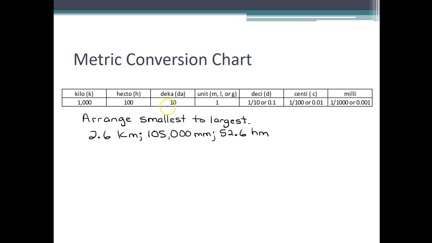Now please don't jump and say, oh, 2.6 is smaller than 52.6, which is smaller than 105,000. Because these are each in different units. One's a kilometer, which is really big. One's a millimeter, which is teeny tiny. And what's a hectometer, which is pretty big, but not quite as big as a kilometer. So please put them in the same units first.